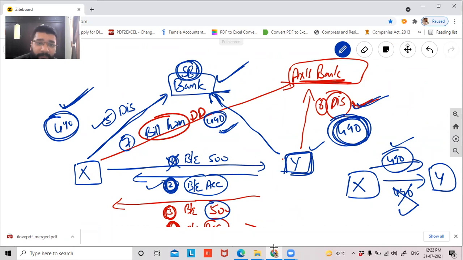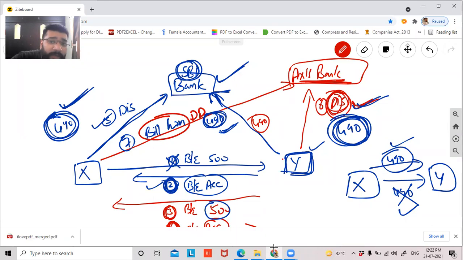Okay, sir. Understood. You're getting my point? Yes, sir. 490 rupees X is enjoying from SBI Bank, and he will be settling to Axis Bank. Whereas Y is enjoying 490 rupees from Axis Bank, and he has to pay 490 to the SBI Bank. Enjoy from one bank, give it to another bank.